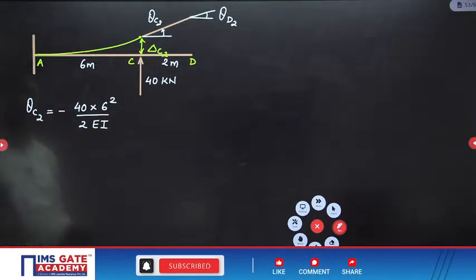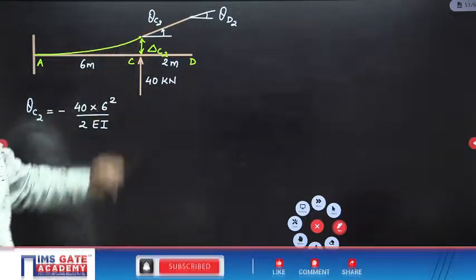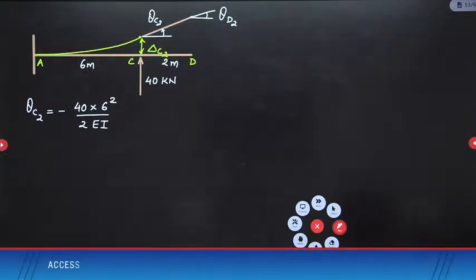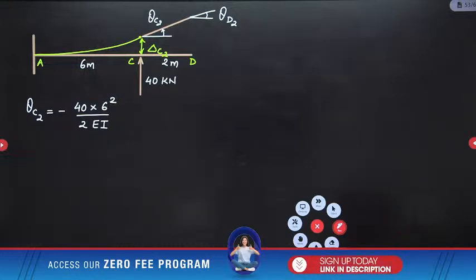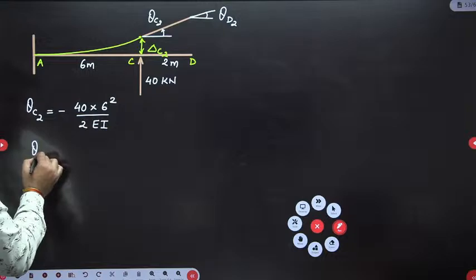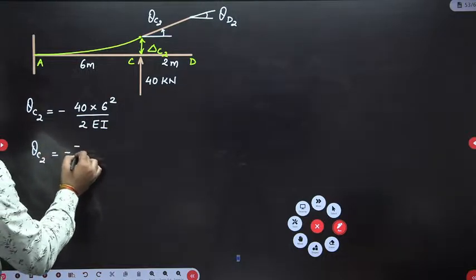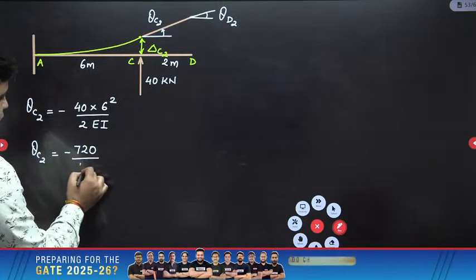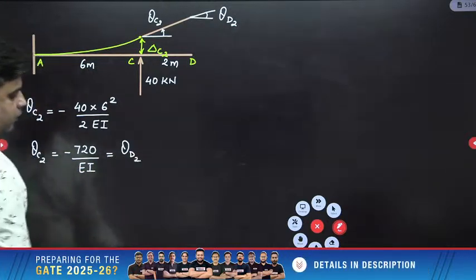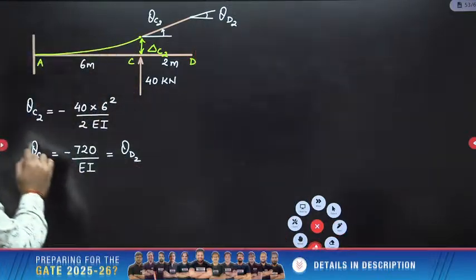Minus sign is because this is anti-clockwise. Please calculate this. So this will be 40 into 36 divided by 2. So this will be minus 720 by EI. So theta C2 is minus 720 by EI, which is also equal to theta D2, minus 720 by EI, right?